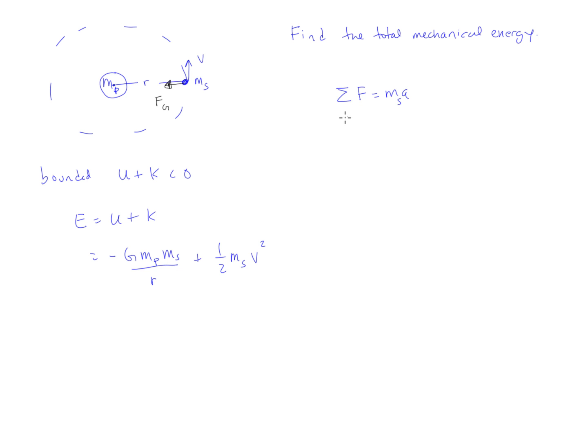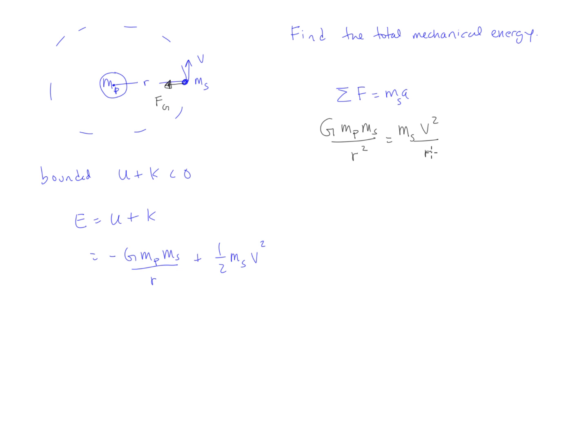And the force of gravity is just G, mass of the planet, mass of the satellite, divided by the distance between them squared. And since this force is causing this satellite to go in a circle, we know that the acceleration is just centripetal acceleration. So we have m of the satellite times v squared divided by the radius of the circle.